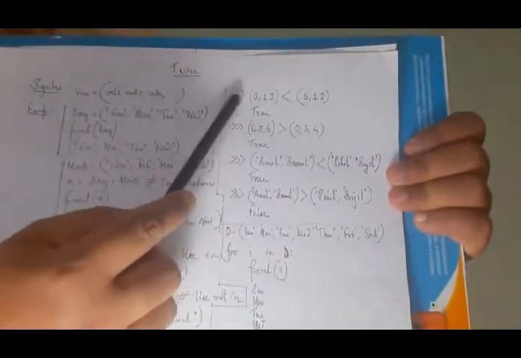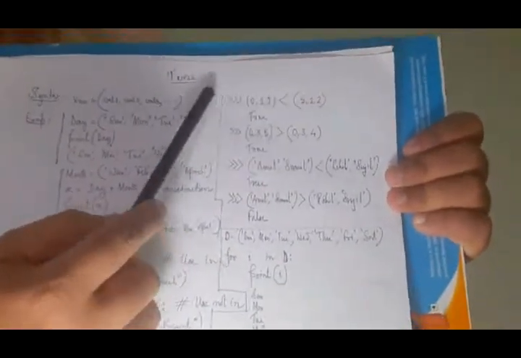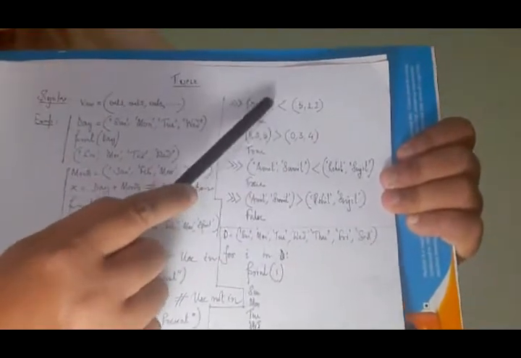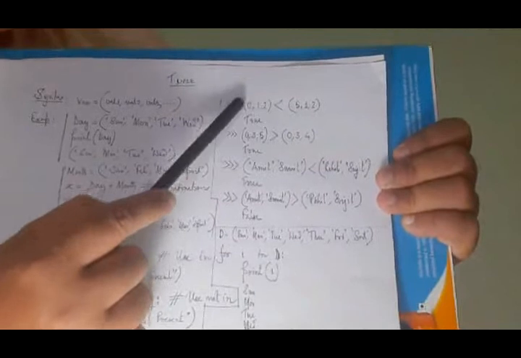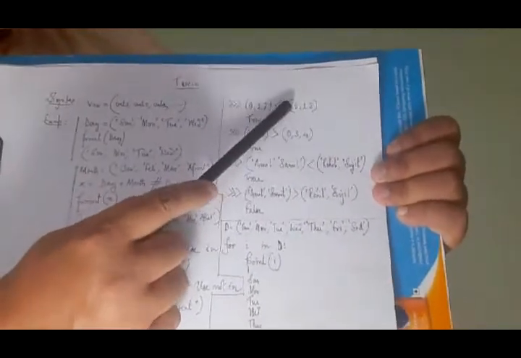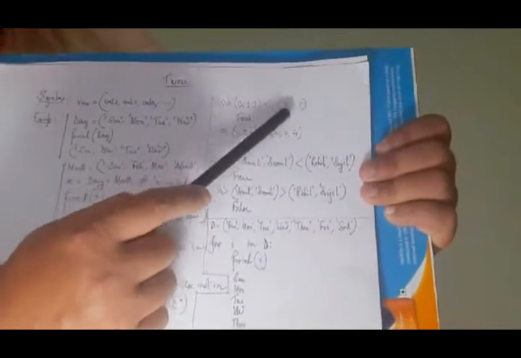Okay, fine. We can compare the values among two tuples. How? See. Say we are working now in the shell. So triple greater than sign, (0, 1, 2), a tuple, a set of values, less than (5, 1, 2).